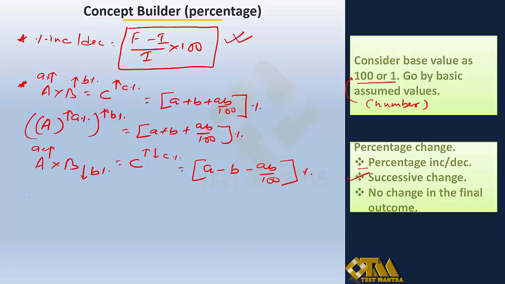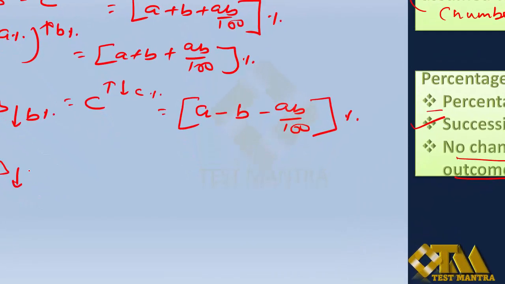And the third case is no change in the final outcome. A very commonly asked format. Let's say I have increased A by some percentage, A%, and simultaneously I have reduced B by B%, so that there is no change in the final outcome. There are two important things which you need to keep in mind whenever you are dealing with these.